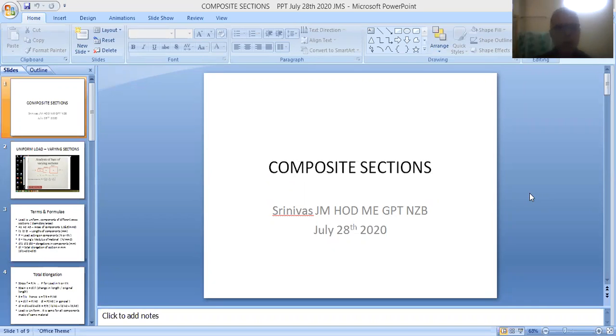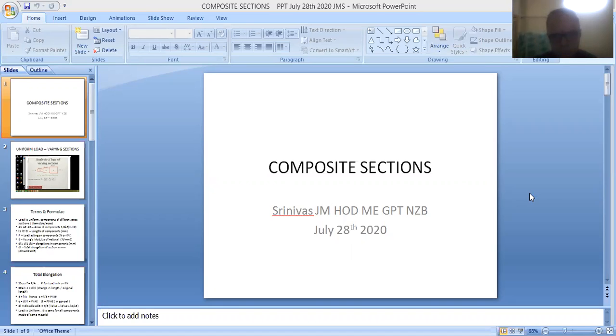Today we are going to discuss composite sections. Generally, any section which is made up of two or three different components put together as a single unit is called a composite section.